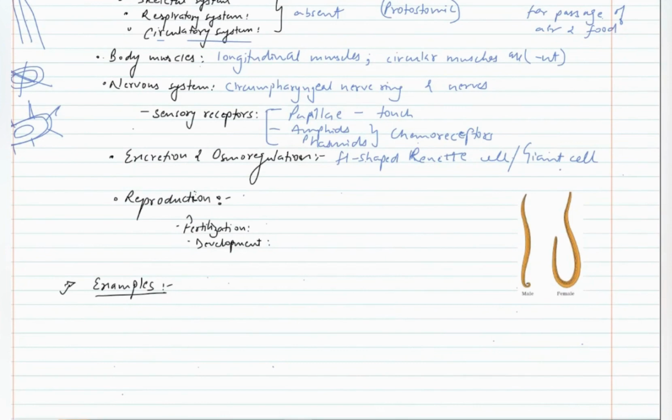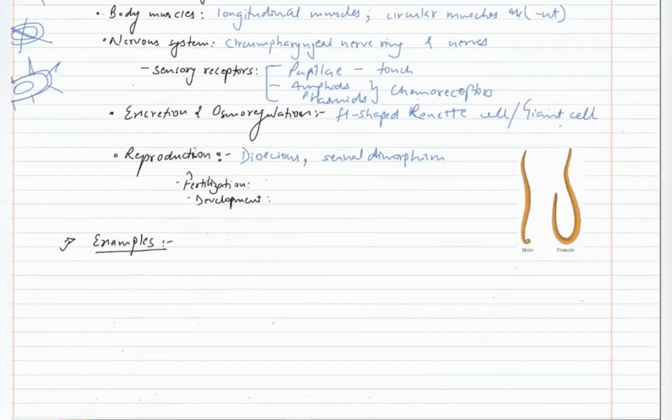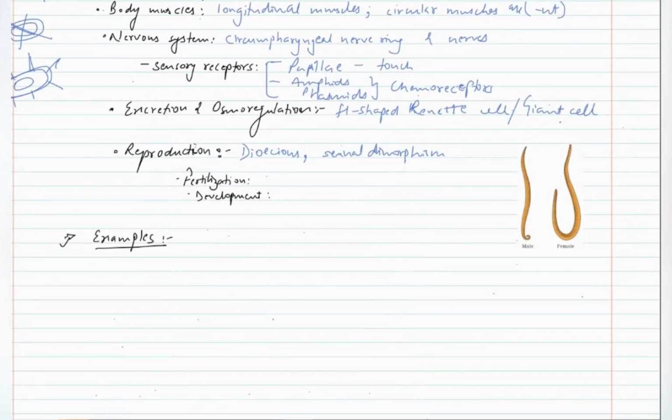Reproduction, they are mostly dioecious, that is, they exhibit sexual dimorphism. Sexual dimorphism means that males and females appear different. Dioecious means that male and female reproductive parts are present in different organisms.